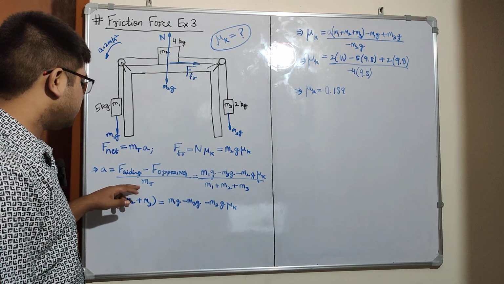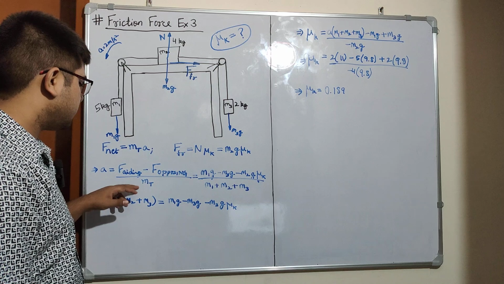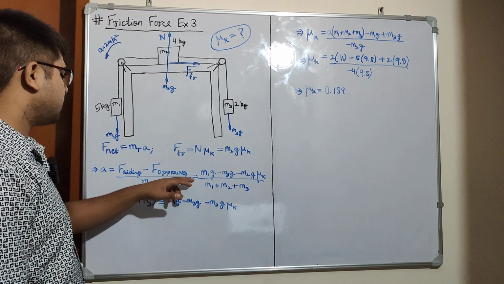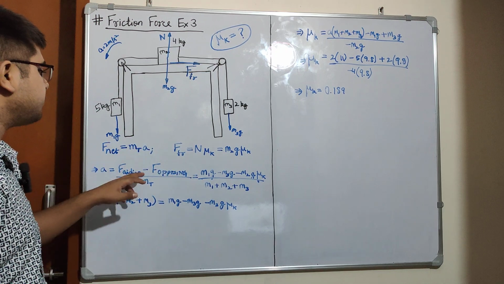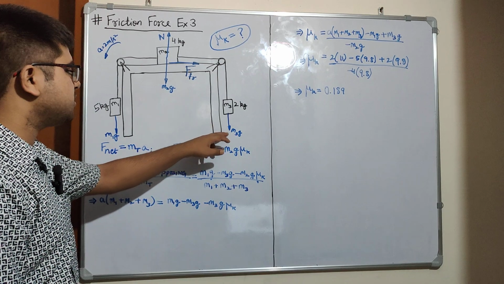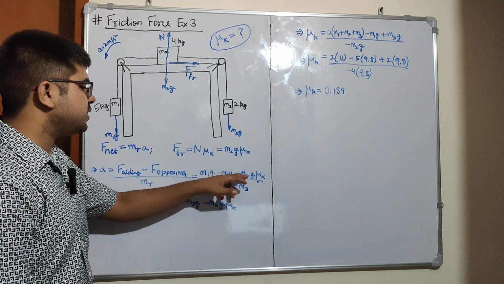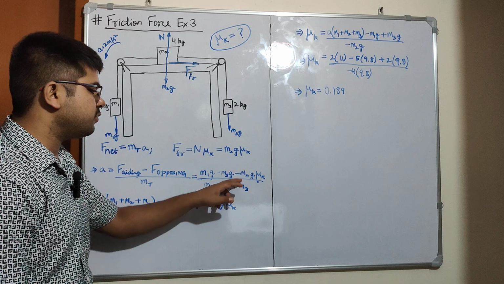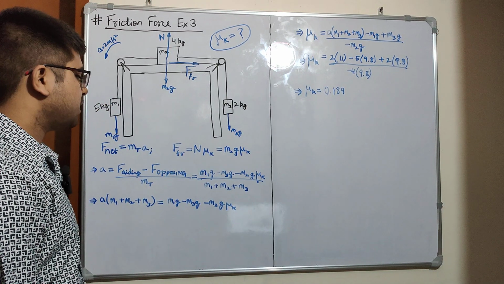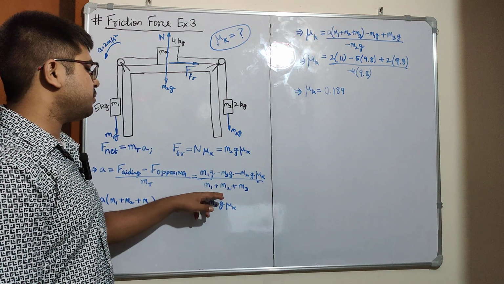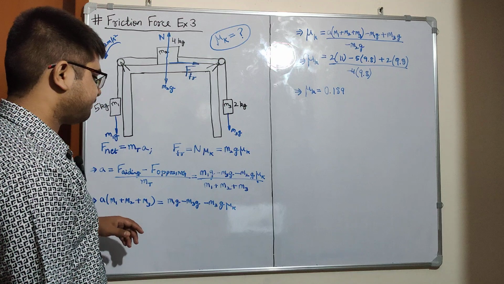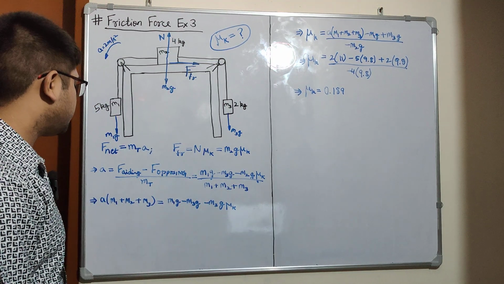Now F aiding is equal to m1g minus m3g, m3g is here, minus m2g μk, this is the frictional value, divided by the total mass, that is m1 plus m2 plus m3. That is it, done here.